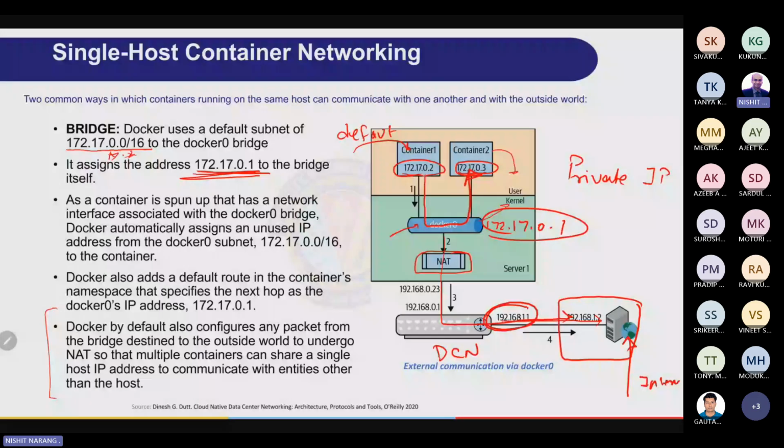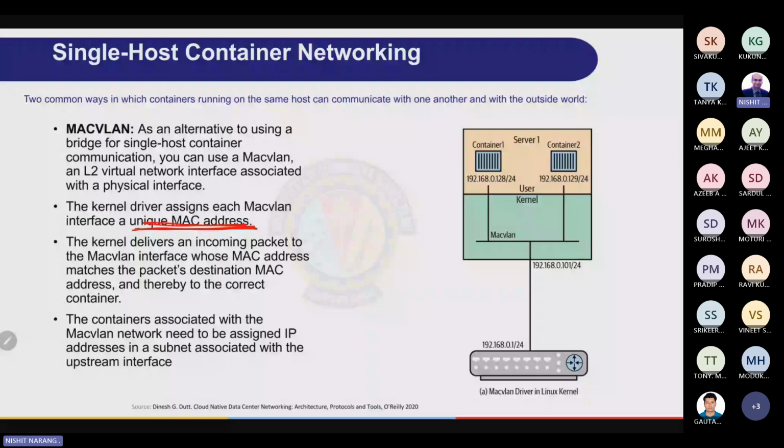There is another mode called the MACVLAN mode. This is an alternative to using the bridge mode. Once again, in single host container networking only, it uses unique MAC addresses for communication instead of IP addresses. When the container is spawned, the kernel assigns each MACVLAN interface a unique MAC address.